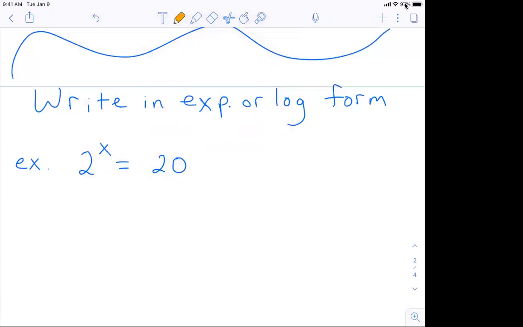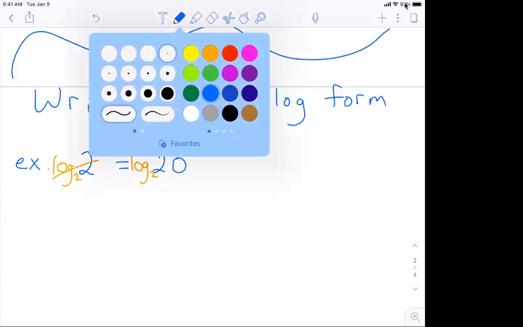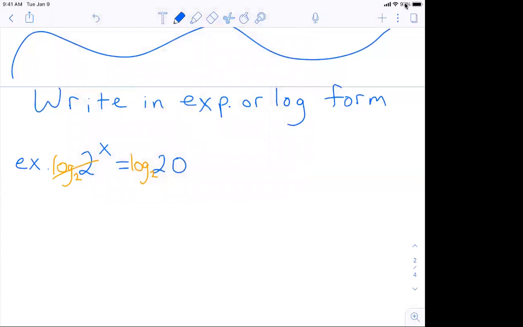We take the log base 2 of both sides because log base 2 and the 2 to a power, those operations are inverses. They cancel each other out. And so we get x equals log base 2 of 20. This, believe it or not, is a number, and that would be your answer for x. It's written in log form from exponential form.